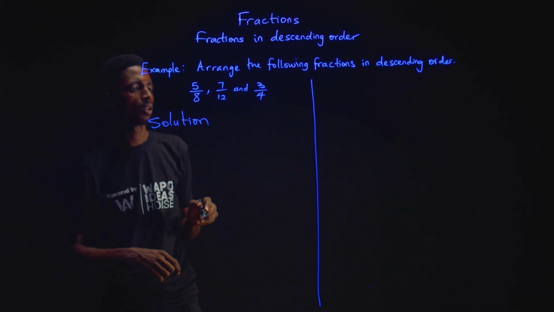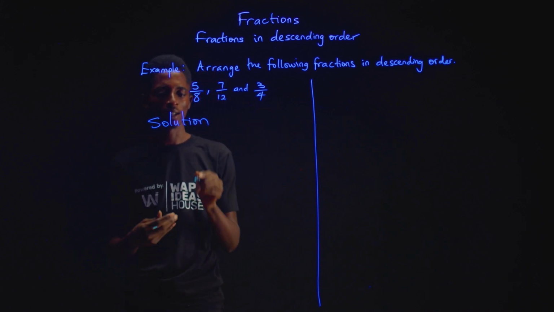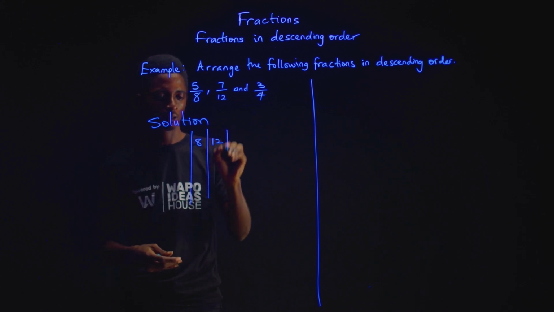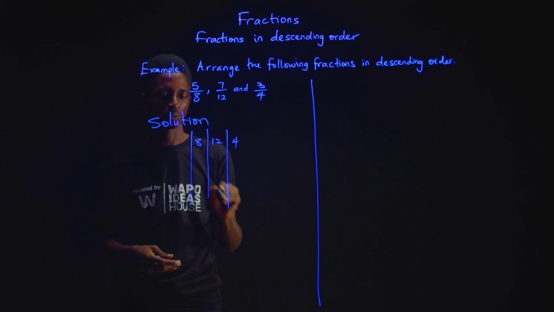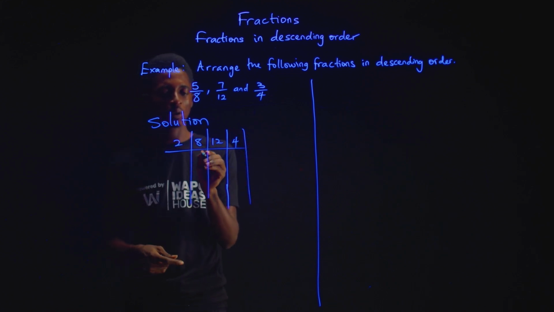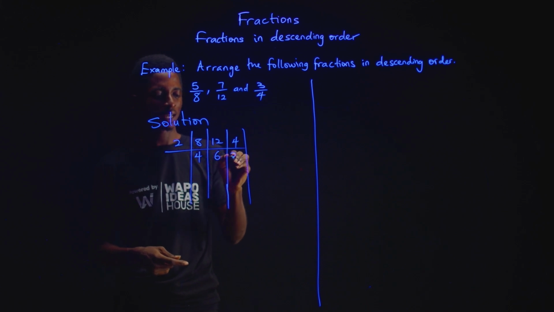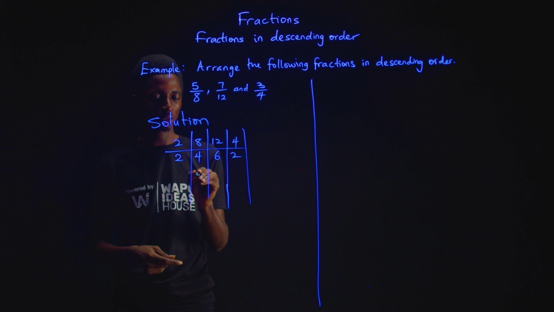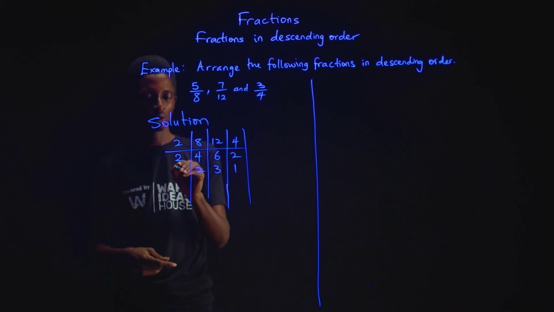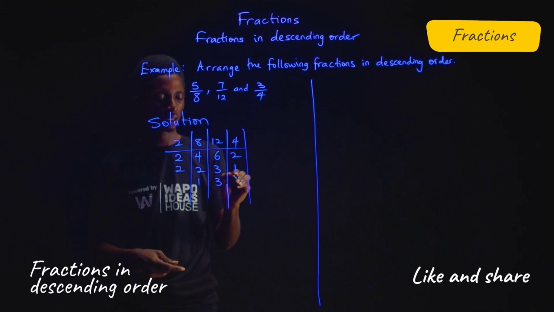Solution. First, let's find the LCM of 8, 12, and 4. 8, 12, and 4. Dividing by 2 as a factor, we get 4, 6, and 2. 2 is still a factor, so we get 2, 3, 1. 2 is still a factor, 1, 3, 1.